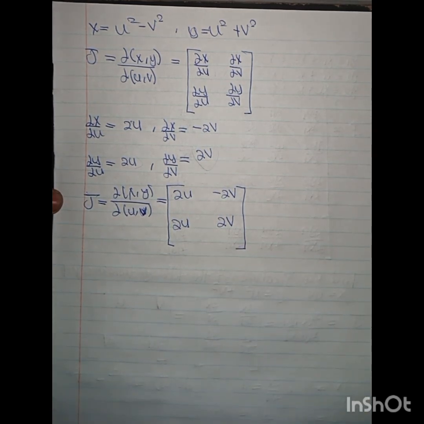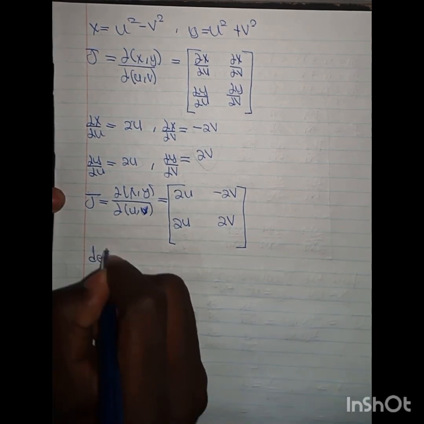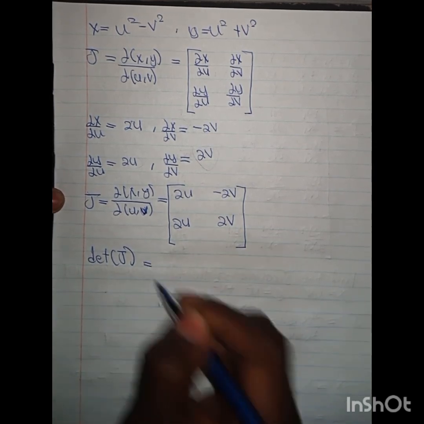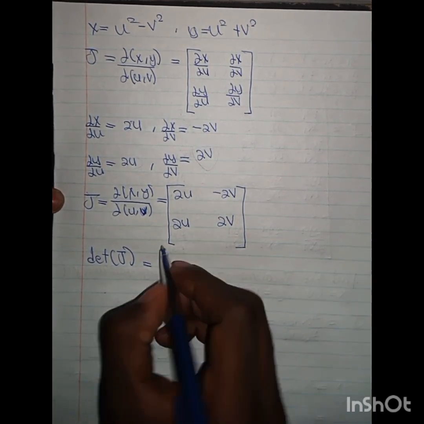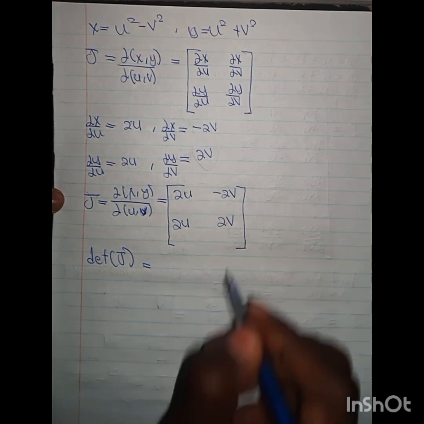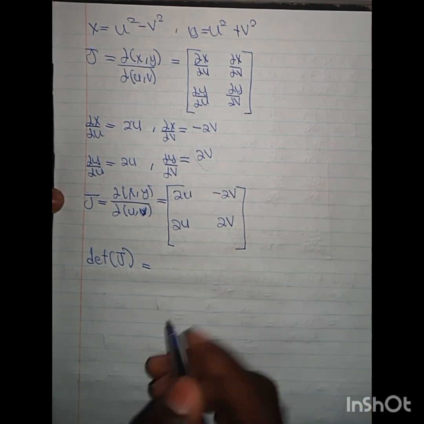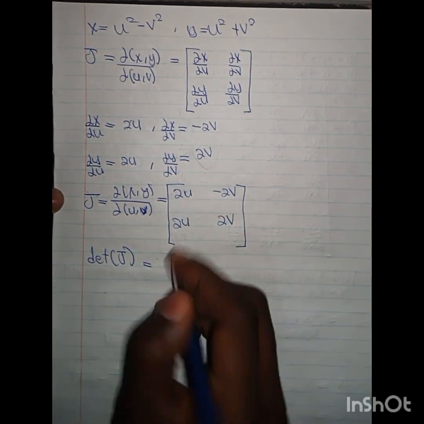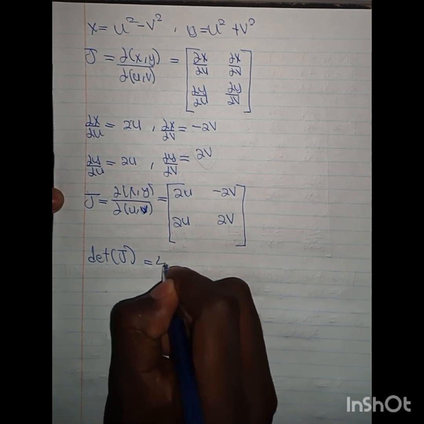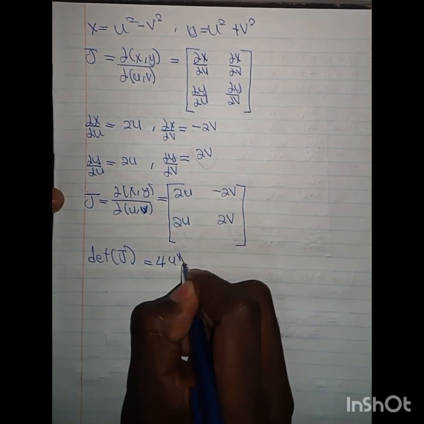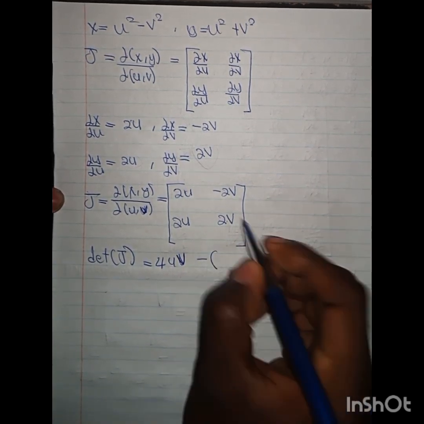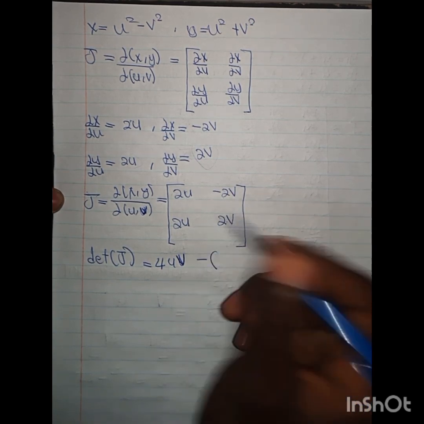So out of this you can still find the determinant of this Jacobian matrix. So you know the determinant of a 2 by 2 can be found by multiplying these numbers, then subtracting this other diagonal. So 2 times 2 is a 4, and then multiplied by uv, minus 2v multiplied by 2u.